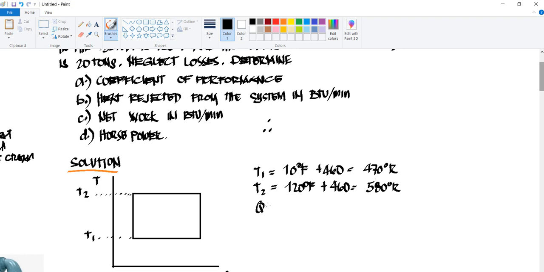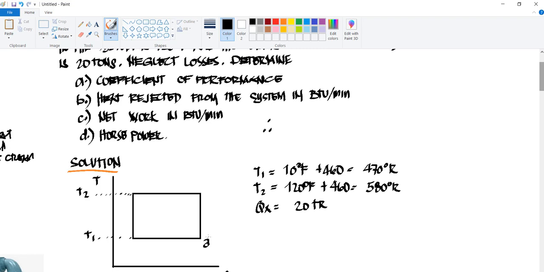We are also given that the Q absorbed is 20 tons TR, which is an acronym for tons of refrigerant. We can draw the cycle starting from here.